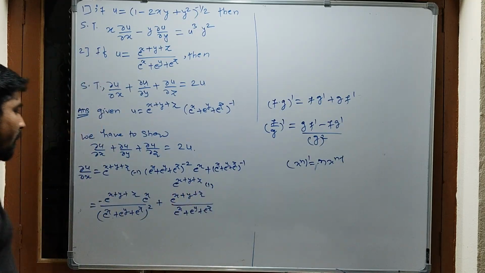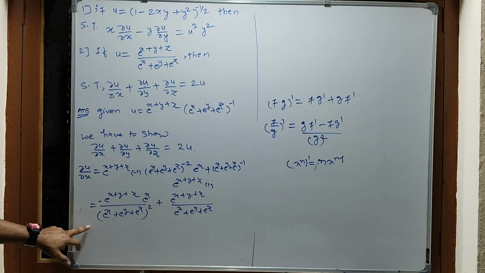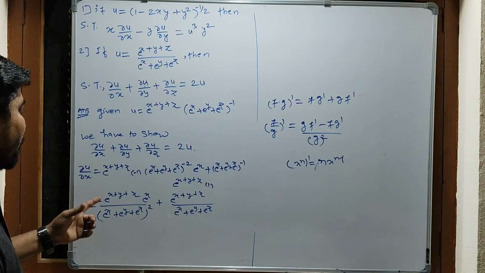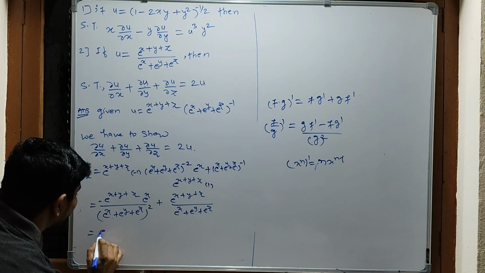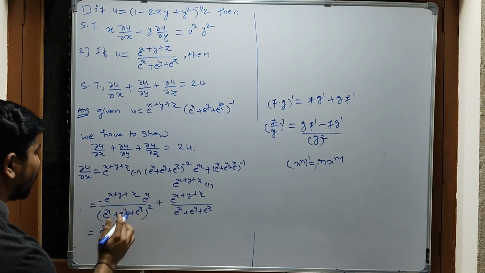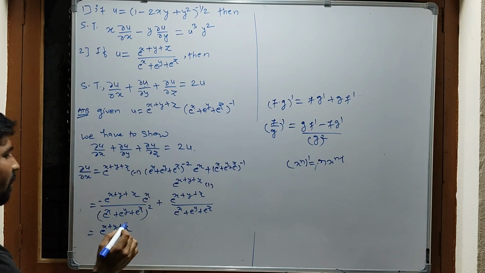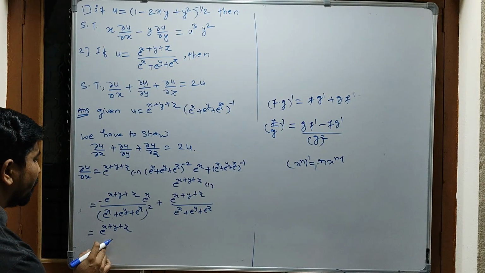Now tell me, this is equal to: I will take e^(x+y+z) common, and from the denominator also I will take one common.